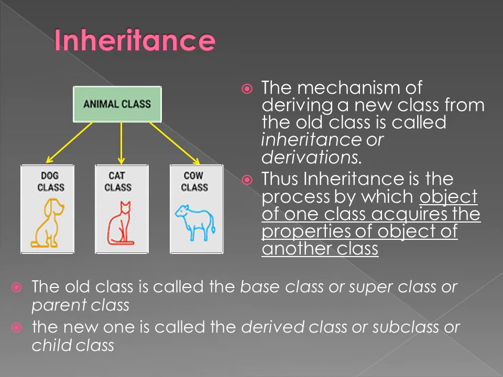Now, let us understand inheritance using an example. As shown in the image, there is an animal class. The animal class contains all the characteristics that are commonly observed in all animals. Now, if we want to create another class for storing dogs' information, we will create a new class called dog class.